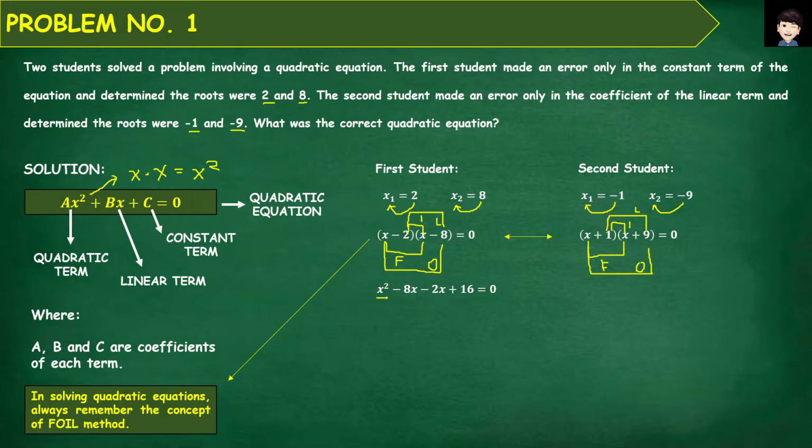We have x squared. For outside term, x times negative 8. So, wag natin kalilimutan yung mga sign, no? Kailangan natin isama yung sign sa operation. We have negative 8x. For inner terms, we have negative 2 times x, negative 2x. And for last terms, we have negative 2 times negative 8 equals positive 16.